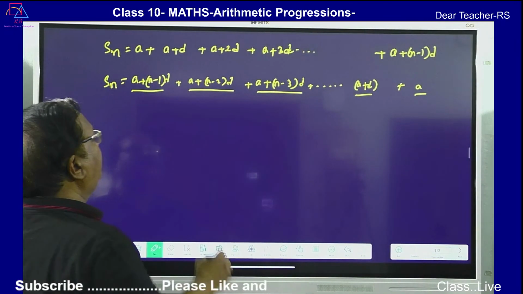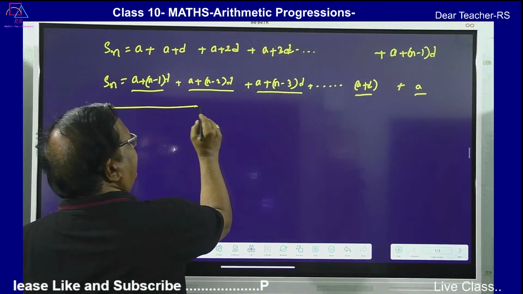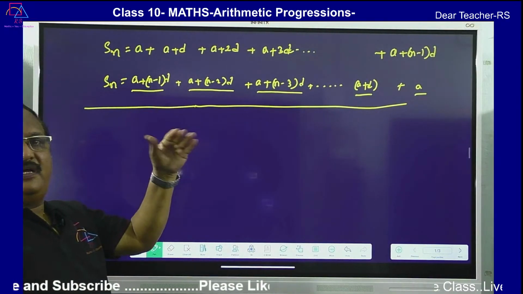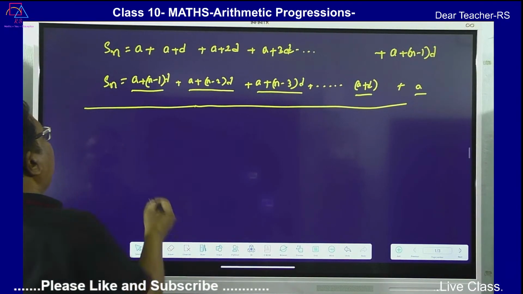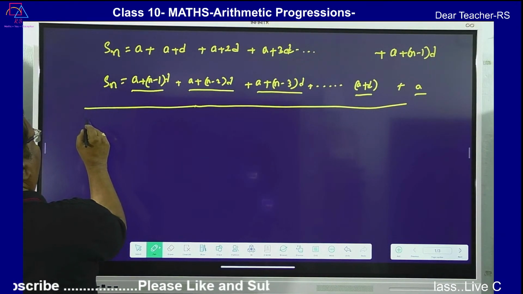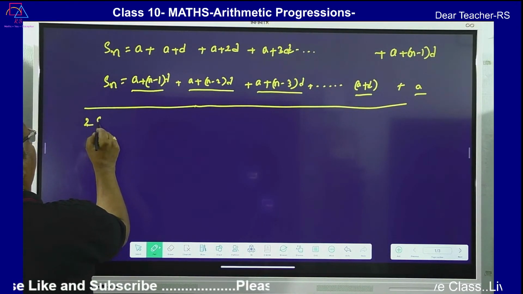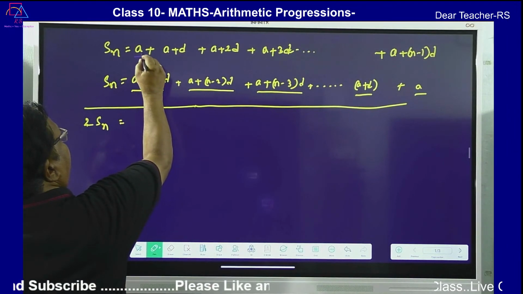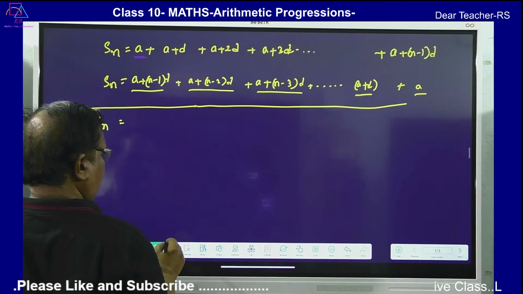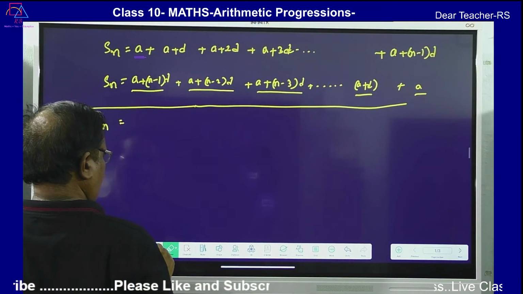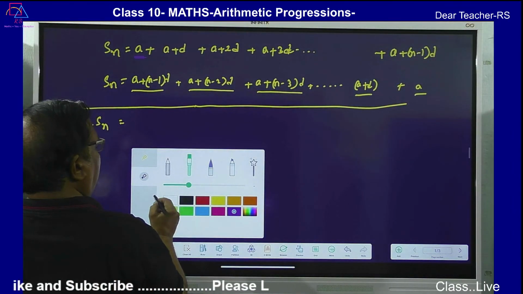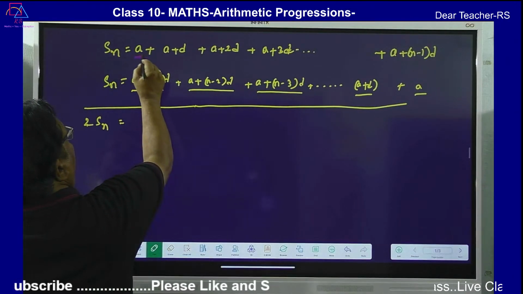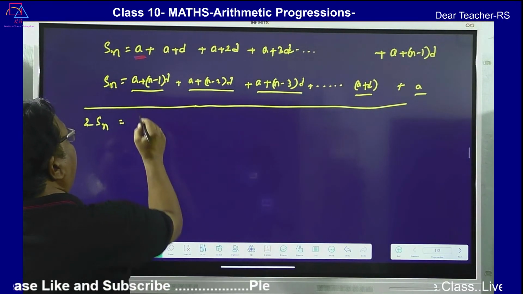Now I have just written the sum of n terms two times, one in one order, another in the other order. So I will add these two. 2Sn is equal to, now this is the first term and this is the first term.